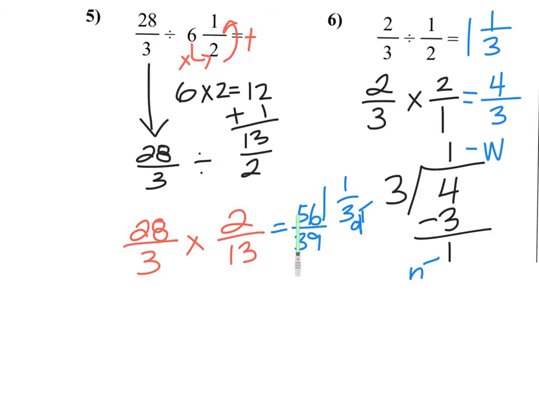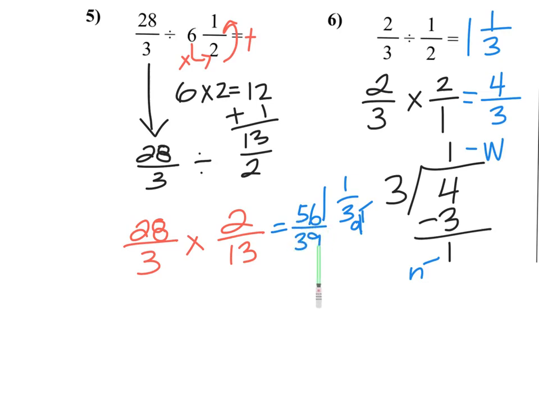It's not divisible by 4. It's not divisible by 5. 6 doesn't work. 7 doesn't work. Since there's a 13 in here, let's try a 13. 56 divided by 13. That doesn't work. All right, so we can't birthday cake it, so we have to look at it.